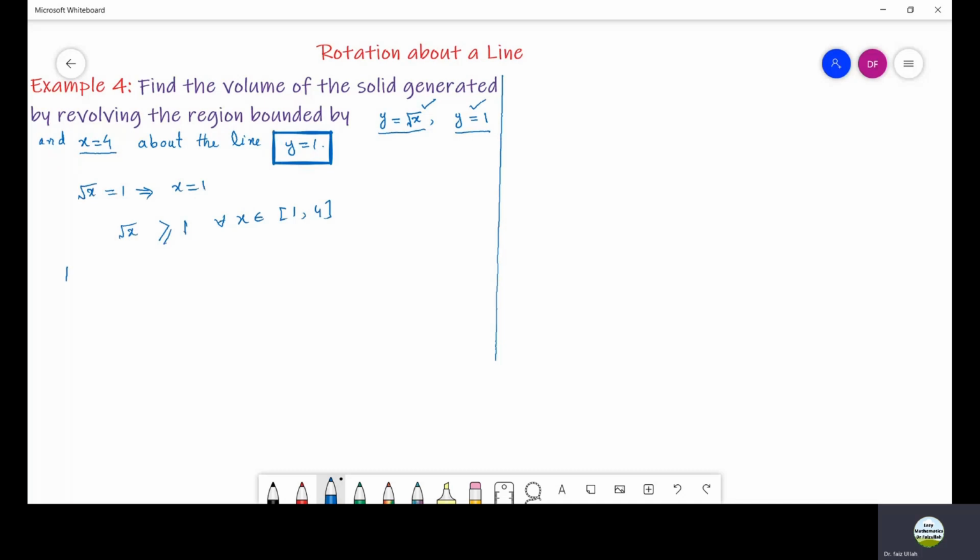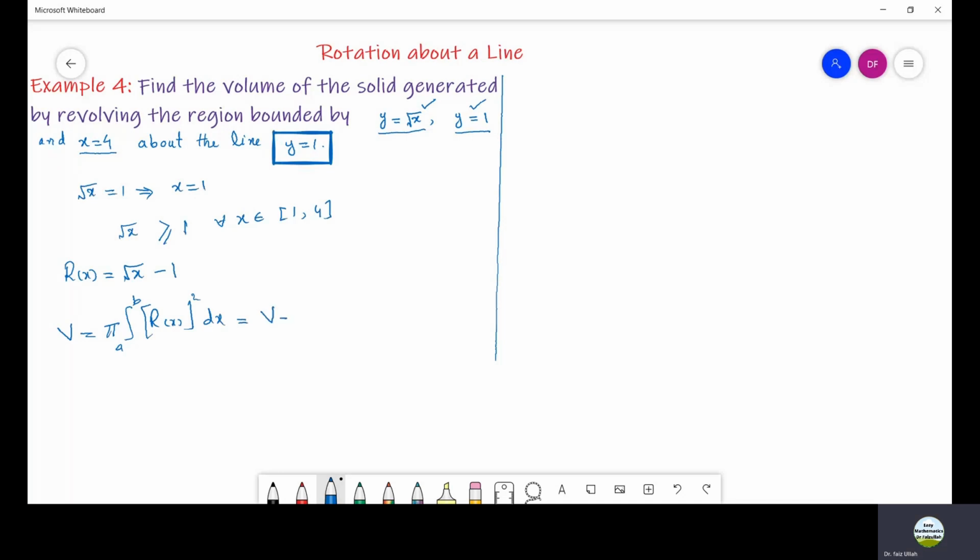So in this case, we will find r of x, which will be equal to the bigger curve minus the smaller curve. And now volume is obtained using formula number 1. Integration is from a to b, r of x whole square into dx.